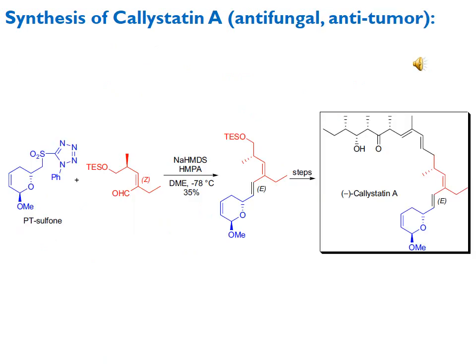Another drug molecule has anti-fungal and anti-tumor activity, and here you can see the PT sulfone is used for the synthesis of this drug. It is treated with a formyl group, an aldehyde group, which contains an alpha beta double bond, that is an alpha beta unsaturated aldehyde, and this double bond is in the Z isomer.